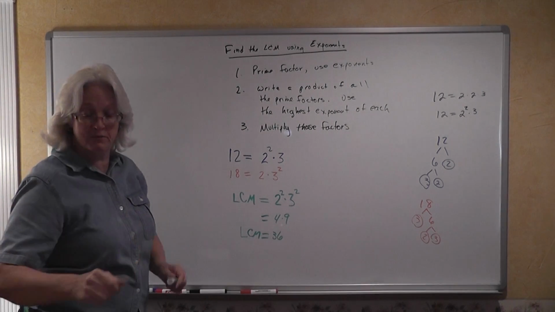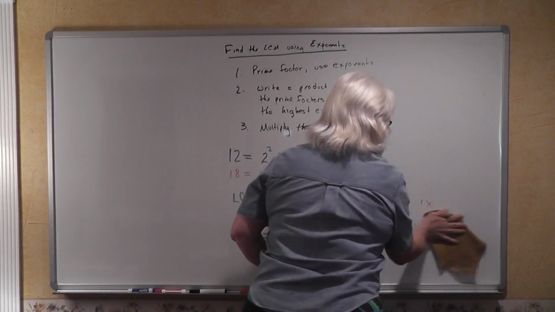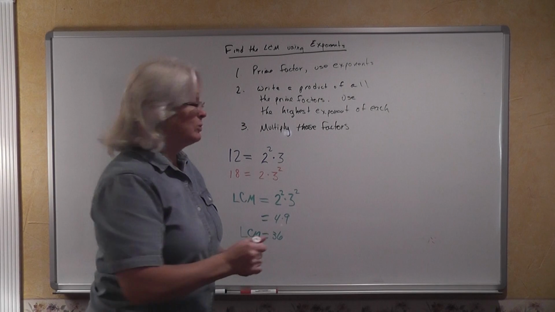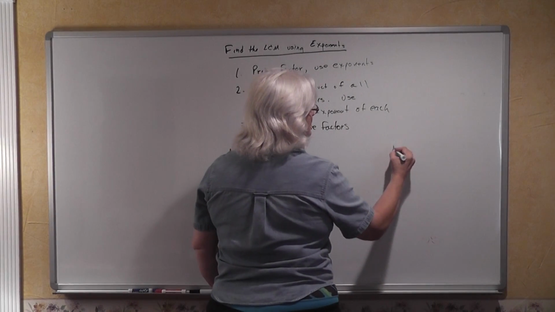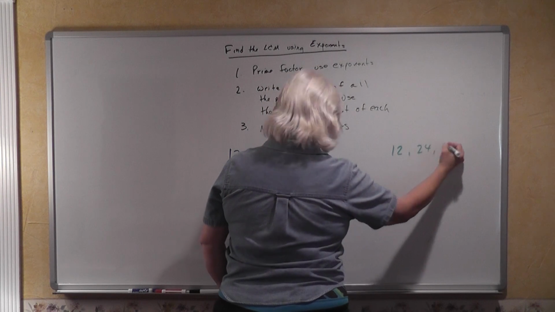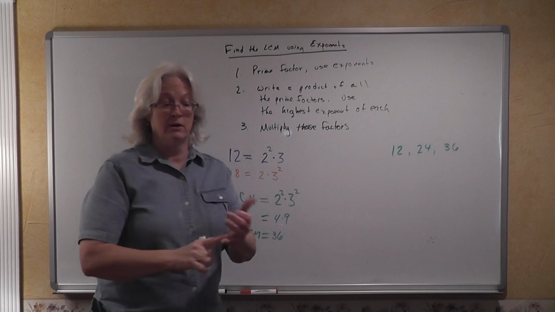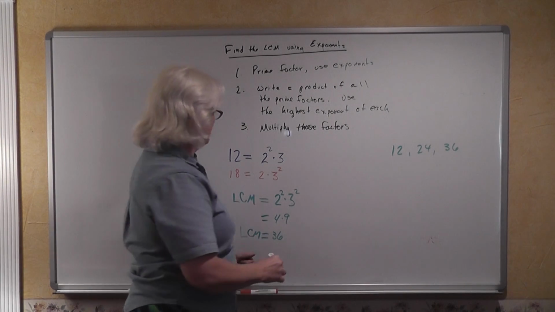Let me do this for you now. 12 times 1 is 12. 12 times 2 is 24. 12 times 3 is 36. First 3 multiples of 12.